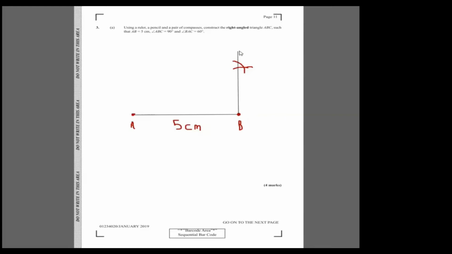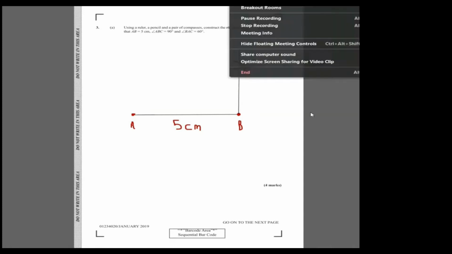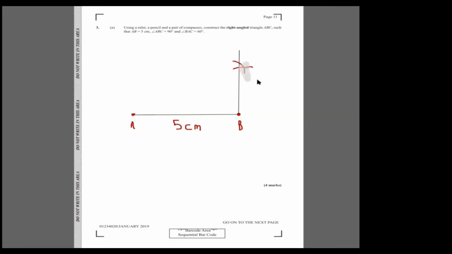Of course, again, I don't have the materials to do this so nicely, but this is a rough sketch of what you should have. That should be 90 right here when you swing up your arcs. And then, of course, the angle at A, BAC.